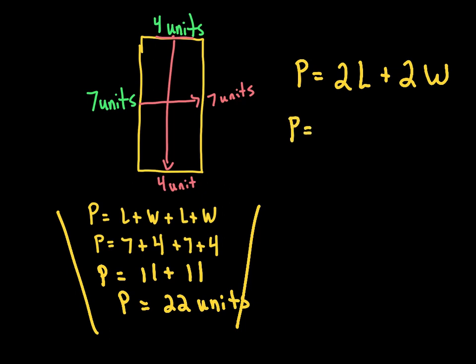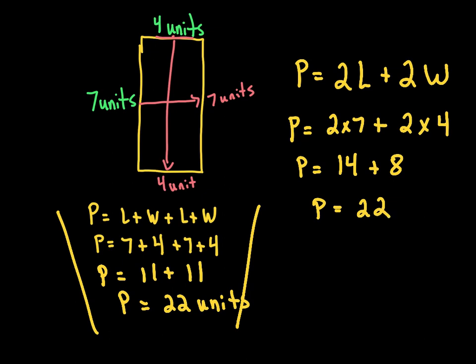Well, the length would be 7 times 2. You know what? Let me do this again over here. 2 times 7 plus the width would be 2 times 4. Then we have P is equal to 2 times 7 is 14, plus 2 times 4 is 8, and now we have P is equal to 22.